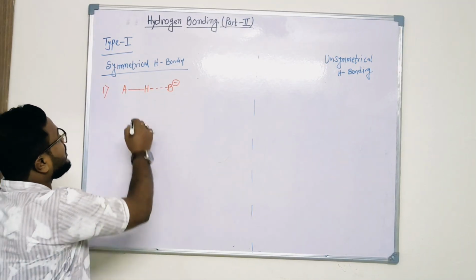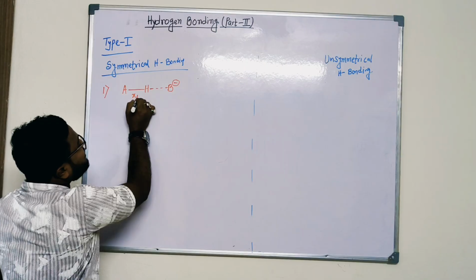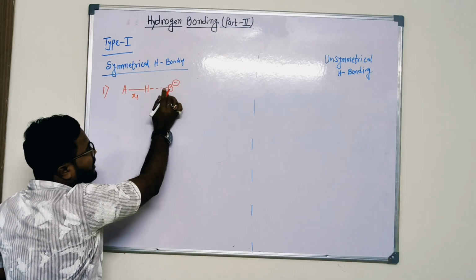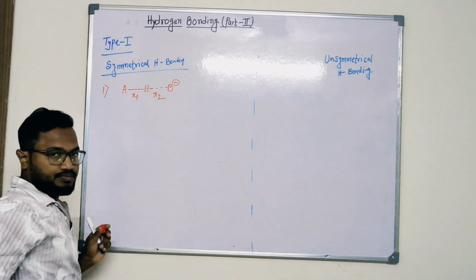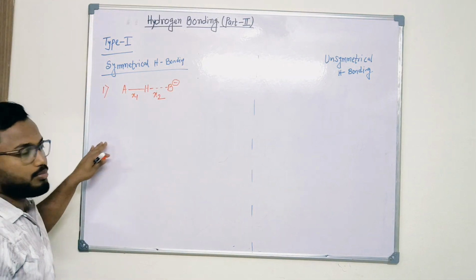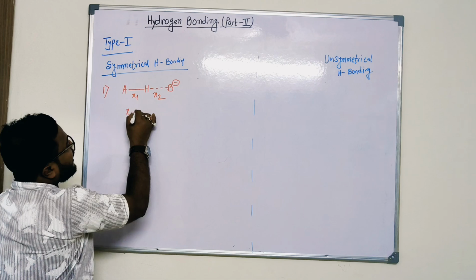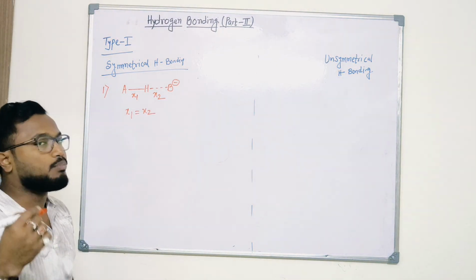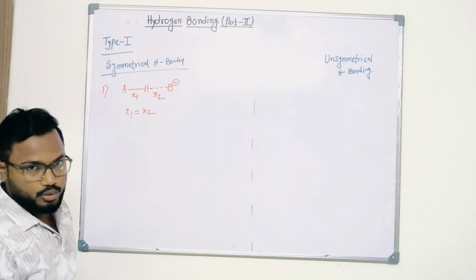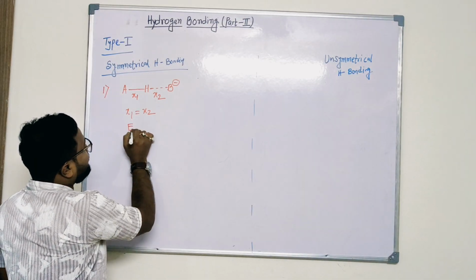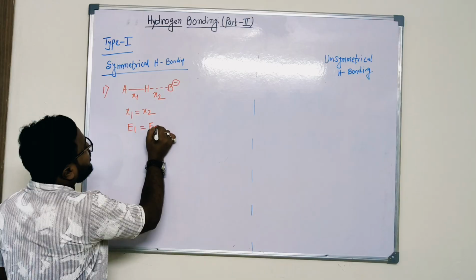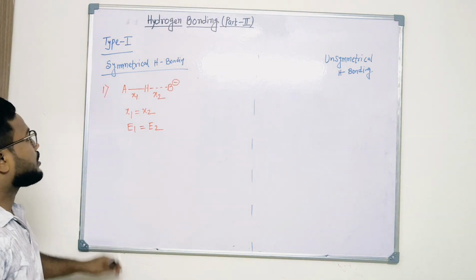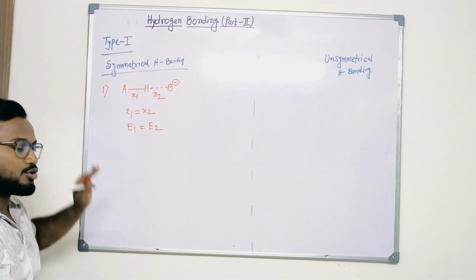Now what is happening? If the length between A and H is x1 and the length between H and B is x2, in symmetrical hydrogen bonding we can say x1 equals x2. If bond length is equal, then bond energy is also equal. As a result, E1 is also equal to E2. So bond length and energy are equal in case of symmetrical hydrogen bonding.